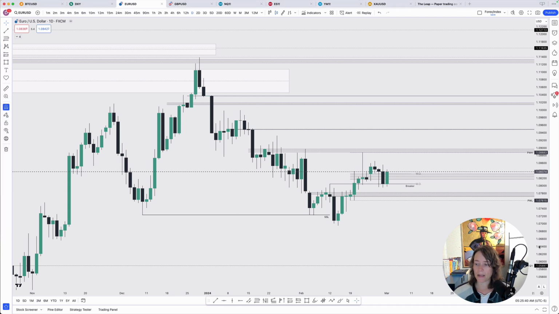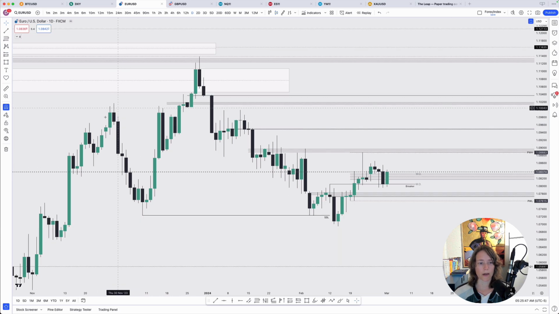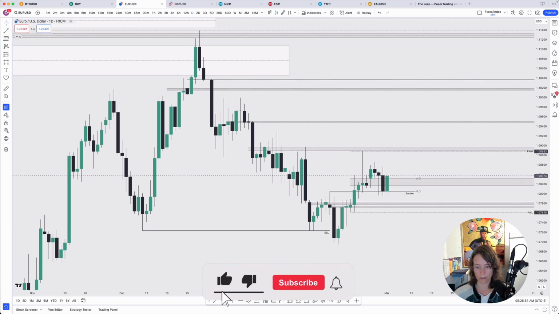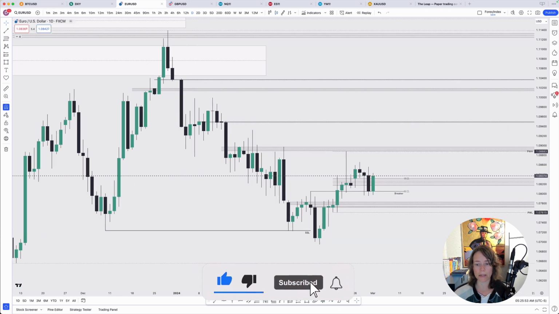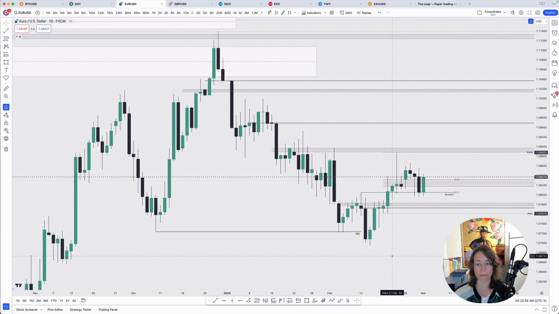So the thing with bias is we can, of course, look at structure, like a high and a low and a high and a low. However, what I like most about confirming my bias is looking at which PD arrays are being respected, and whether it is a bearish order flow or a bullish institutional order flow.